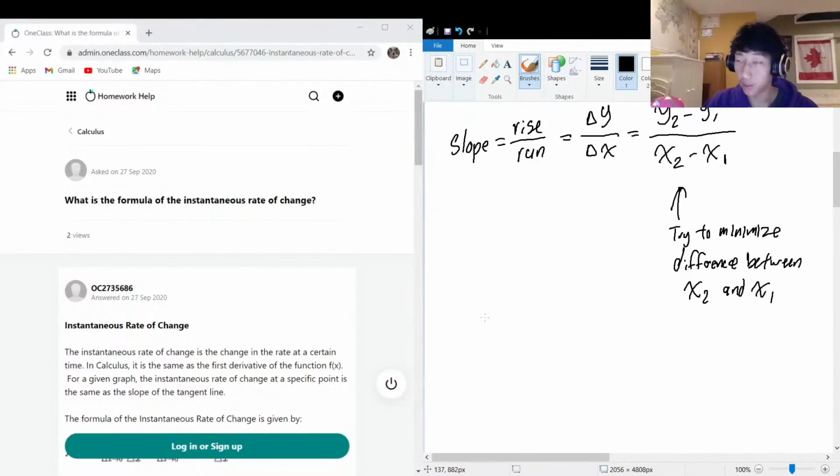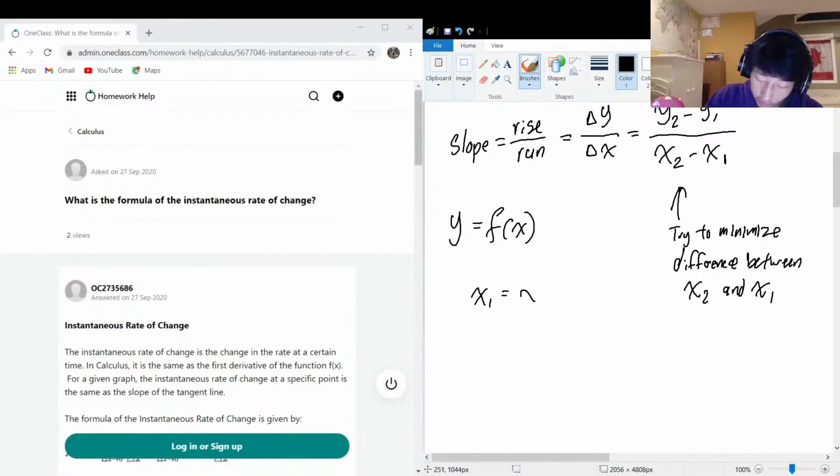Okay, we want to be taking limits, right? And we know that y is going to be a function of x. To minimize the difference between them, for x1 we just set that equal to x, and x2, because we want that to be barely bigger than x1, we can just make this x plus h, and then have h approach 0.